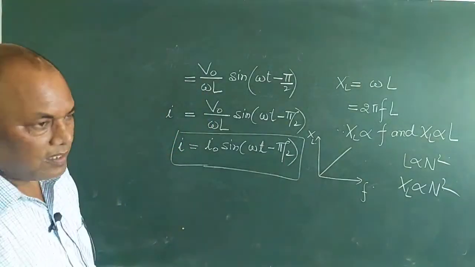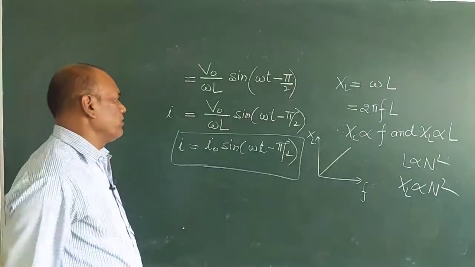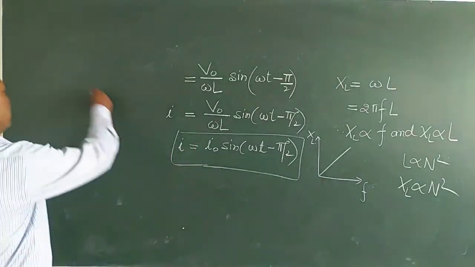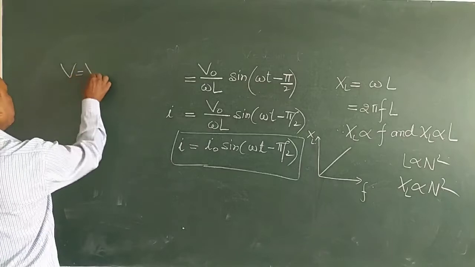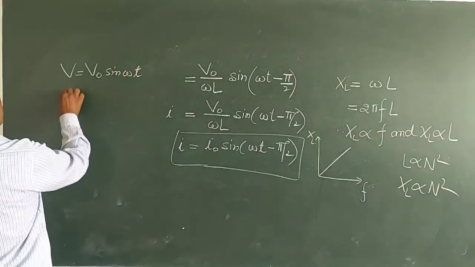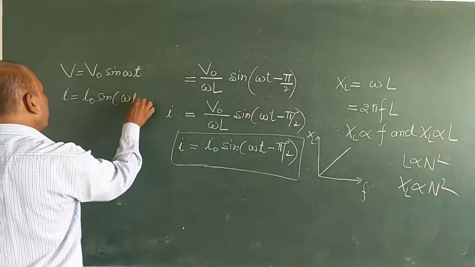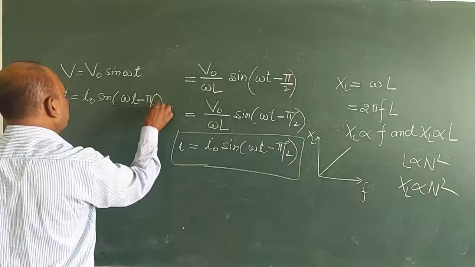Now, if we want to find the phase relation between voltage and current, we can say that V is equal to V0 sin omega t and I is equal to I0 sin omega t minus pi by 2.